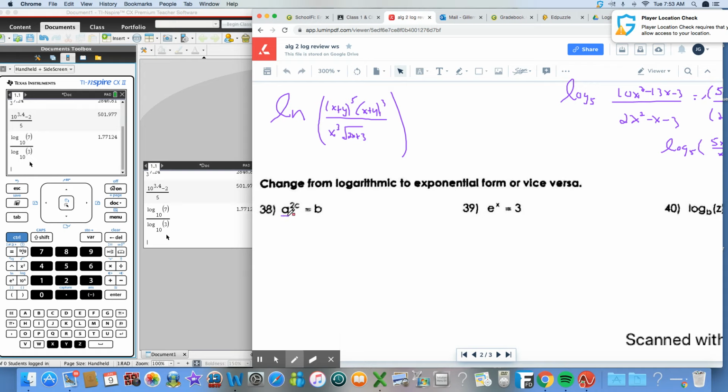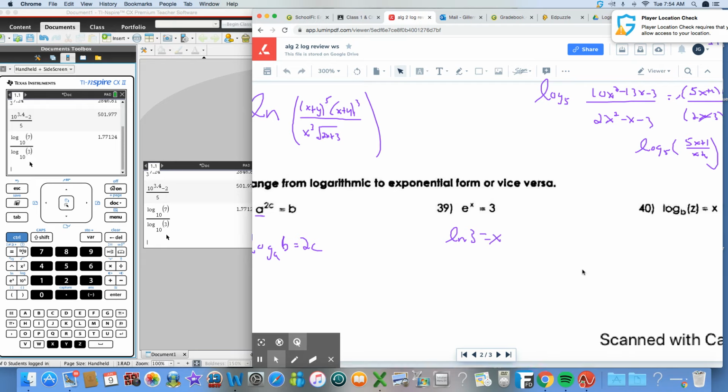It's the base of the exponent, but it's also the base of your log. So it's log, and then the base is whatever this is, of, then you go to the right side. So it's just b equals whatever the exponent is. This is your base, so we're just going to use natural log. The natural log of this, the right side, equals whatever the exponent is. Natural log of 3 equals x.